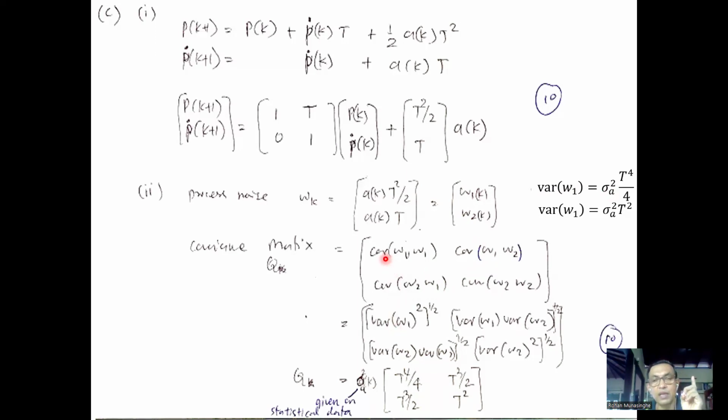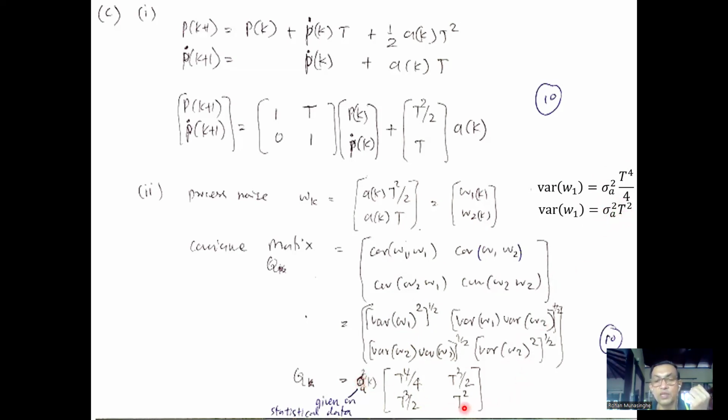At the top left element, the covariance of W1 is the variance of W1, so eventually it becomes t to the 4 over 4. The variance square and then a square root means the same variance, so the same term comes over here. And the bottom right one, the covariance of W2, is the variance itself, so sigma a square t square comes over here.